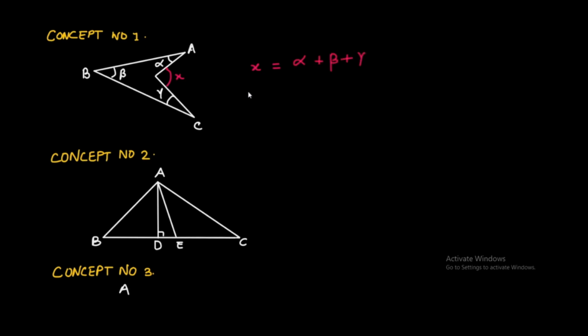Suppose the value of alpha is 60, beta is 50, and gamma is 30. You just have to put in the values and you would get the answer: x equals 60 plus 50 plus 30. So it would be 140.